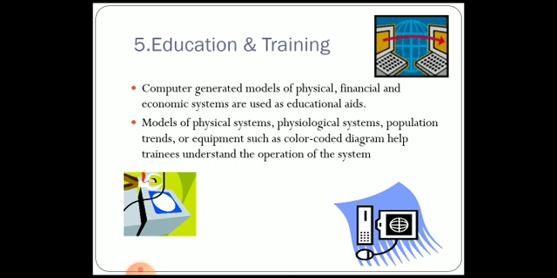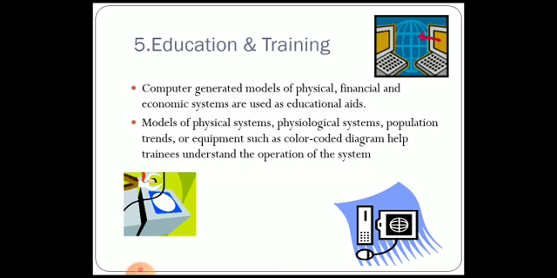Then the next one is education and training. Computer generated models of physical, financial, and economic systems are used as educational aids. Obviously, we could make use of computer graphics packages and software to educate our children or pupils in a much more effective way.